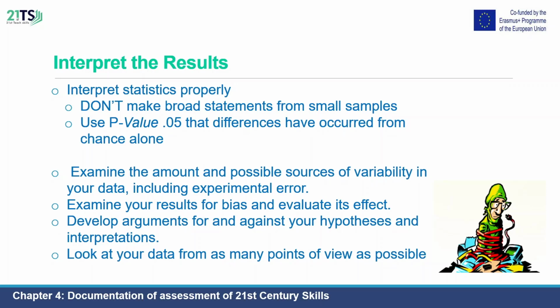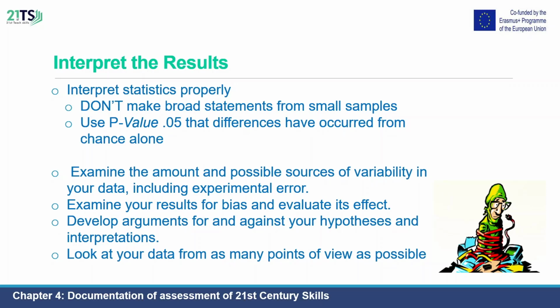Use p-values. 0.05 is the margin line of error that differences have occurred from chance alone. Examine the amount and possible sources of variability in your data, including experimental errors.